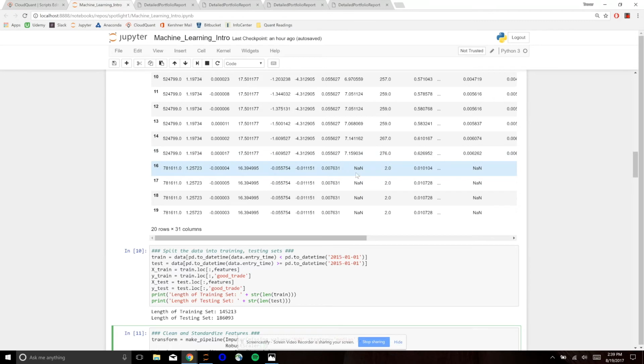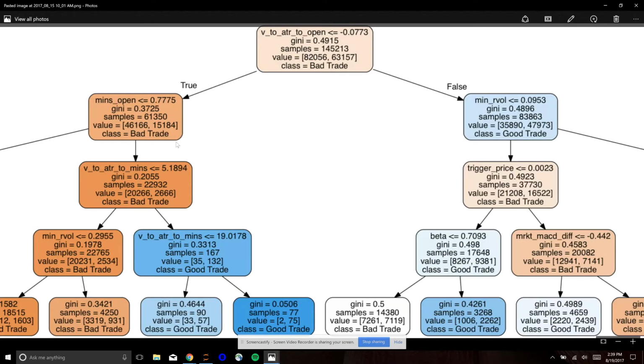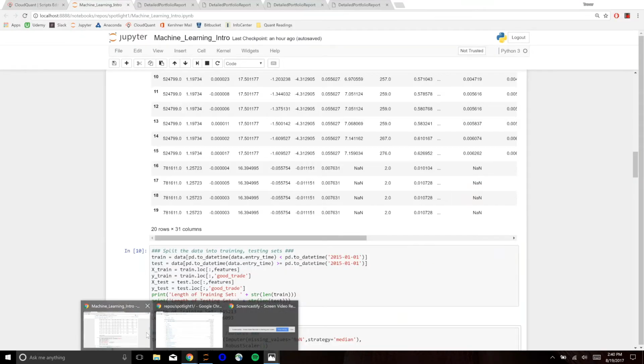But we more or less want the algorithm to just kind of ignore this. And a machine learning algorithm can't do that just implicitly, because when that trade would move down to this node, it wouldn't know how to split it. So say that a trade had a Nan value for minutes to open. A Nan is neither greater than nor less than 0.7775. So where is that trade going to go? So that's why we need to clean up our data a little bit like this.